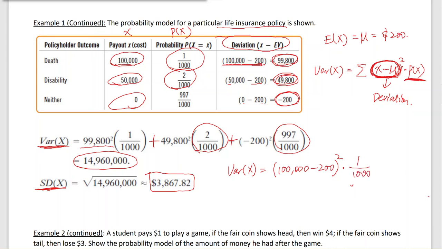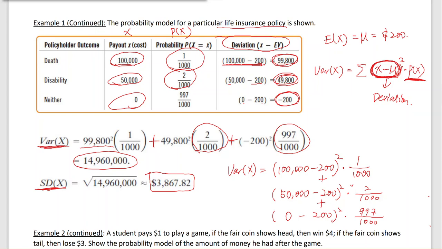The second term is x, which is 50,000, minus the mean, squared, times the probability, which is 2/1000. The last term is the outcome minus the mean, squared, times the probability, which is 997 over 1000. And then you make the summation.